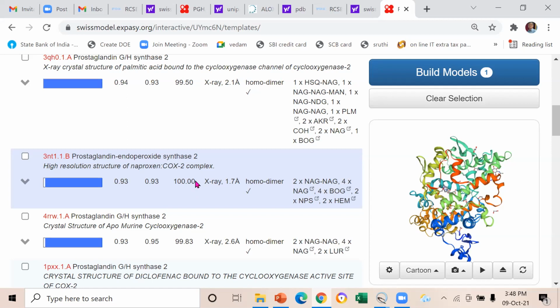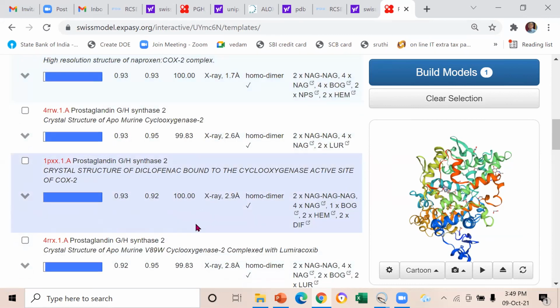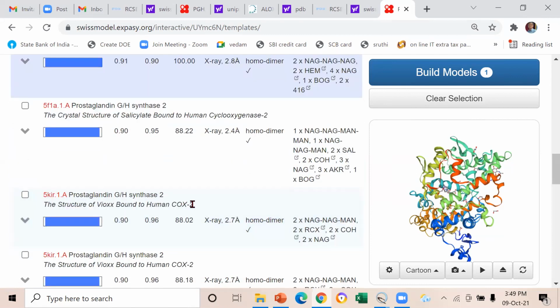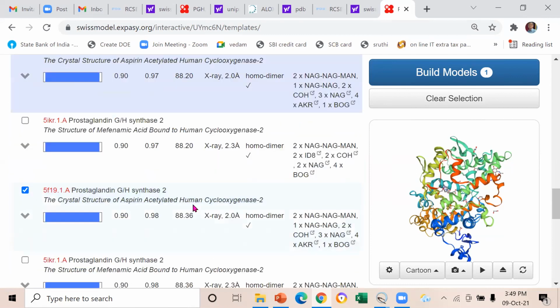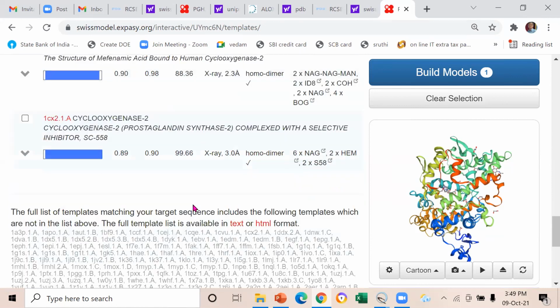It is already there. If I have a new protein which I have discovered, you will not get 99 or 100%. You may get 80, 70, 60. If it's a very novel disease and novel protein, you may get numbers like 40, 50, 60. Because I have given a known protein, I'm getting a big number.